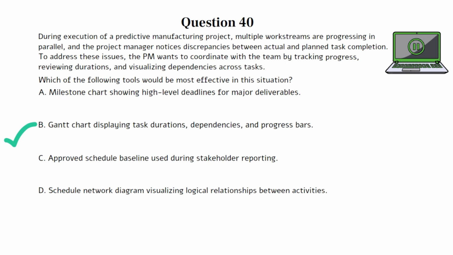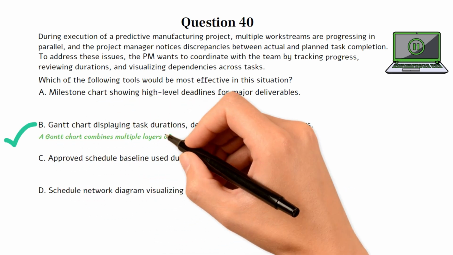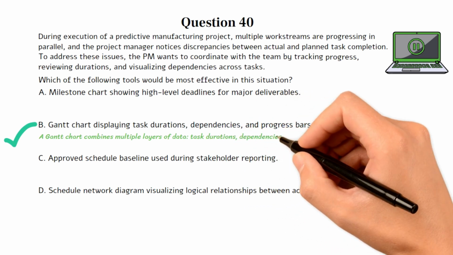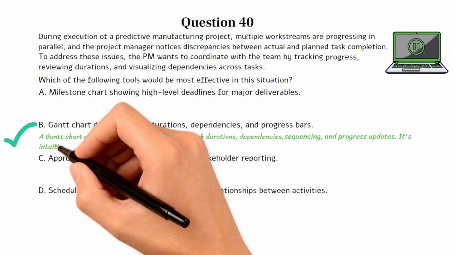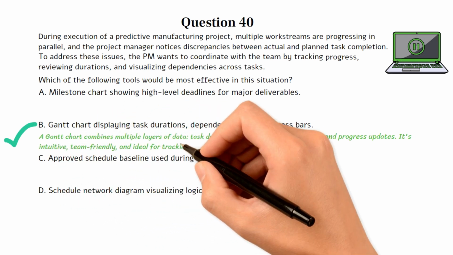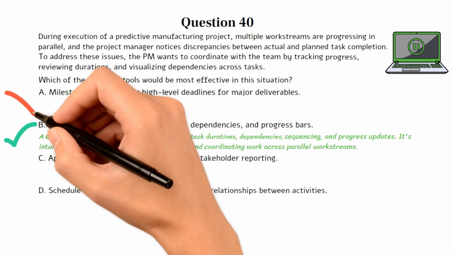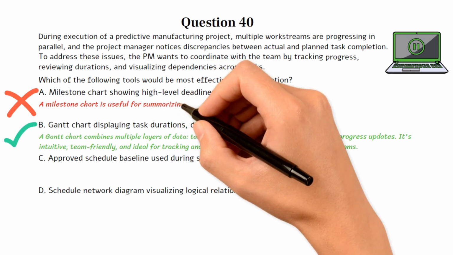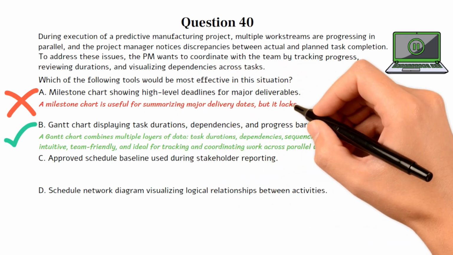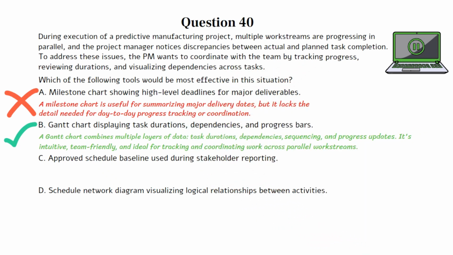Choice B is the best option because a Gantt chart combines multiple layers of data: task durations, dependencies, sequencing, and progress updates. It's intuitive, team-friendly, and ideal for tracking and coordinating work across parallel work streams. Choice A is incorrect. A milestone chart is useful for summarizing major delivery dates, but it lacks the detail needed for day-to-day progress tracking or coordination.